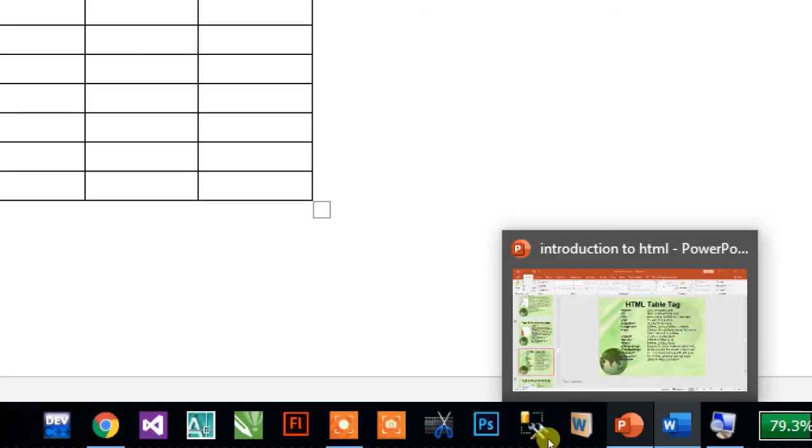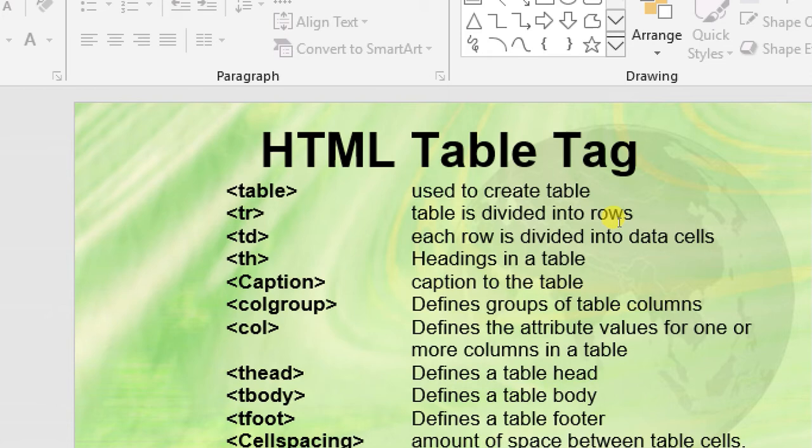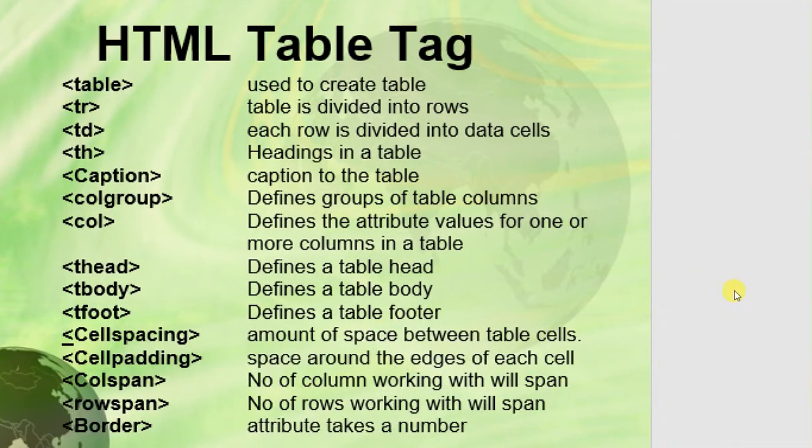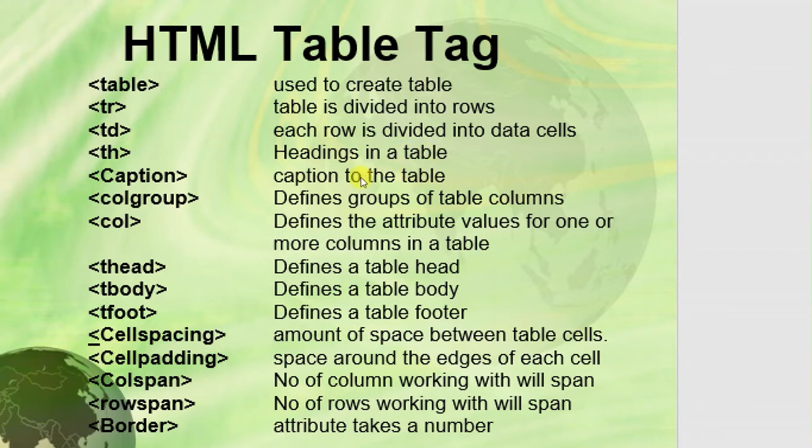Now, how to use tables in the HTML language, how to insert a table using HTML on a website. TR, what is it? T stands for table, R stands for rows. TR means table rows. A table is divided into rows.